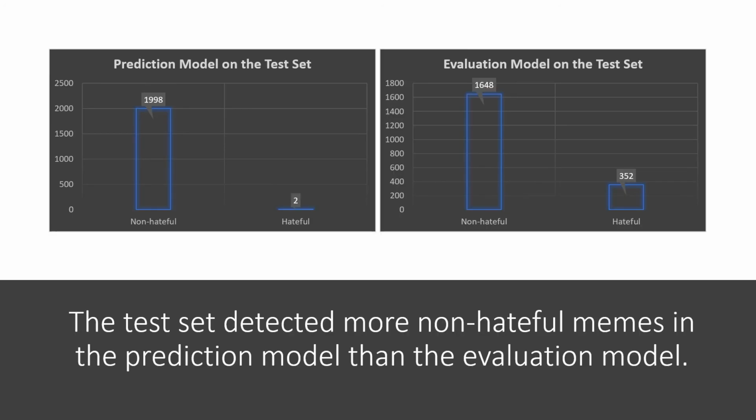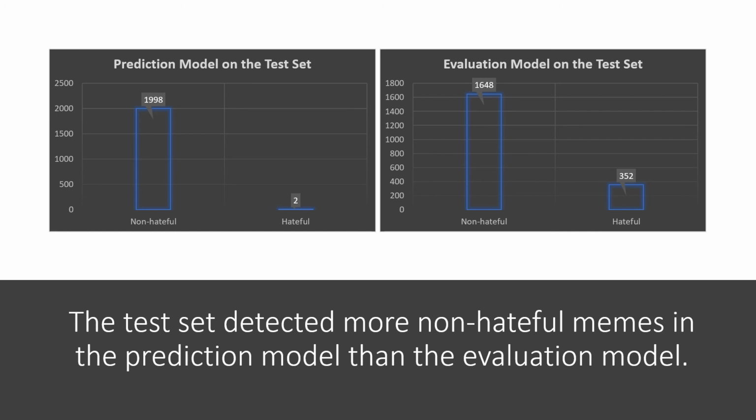Whereas the validation set contained 540 meme predictions, the test set contains 2,000 meme predictions. Interestingly, the prediction and evaluation models result in drastically different outcomes in the number of hateful memes for the test set. The test set detected more non-hateful memes in the prediction model than the evaluation model. In the prediction model on the test set, merely 2 of the 2,000 memes were assigned as hateful.